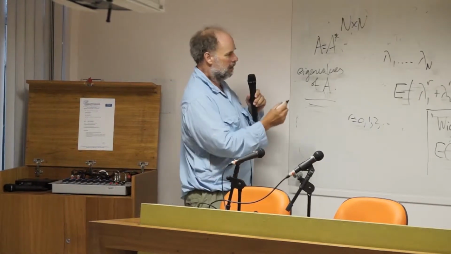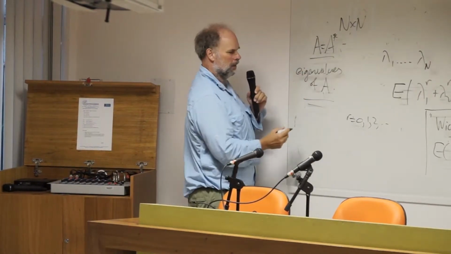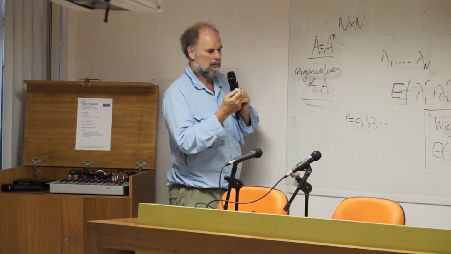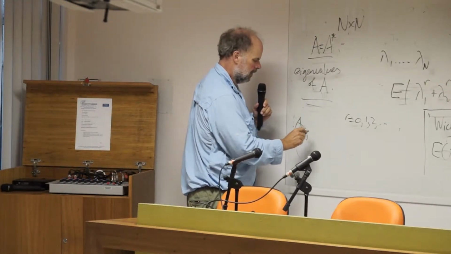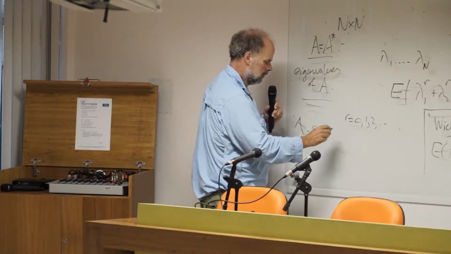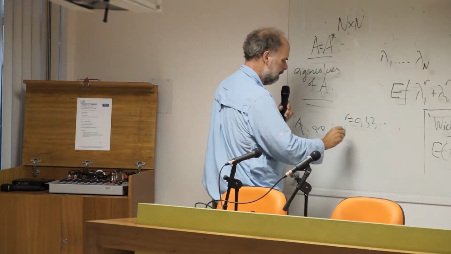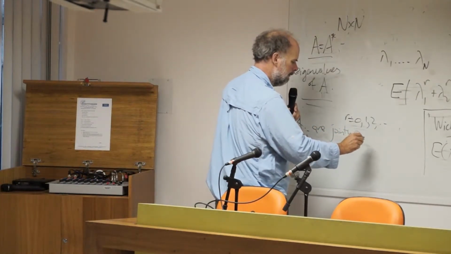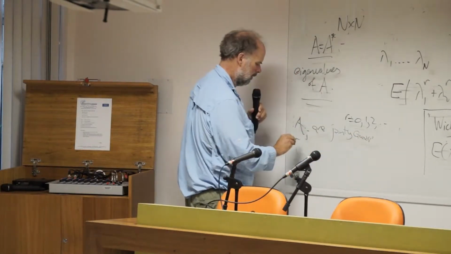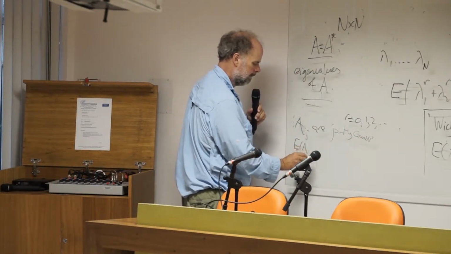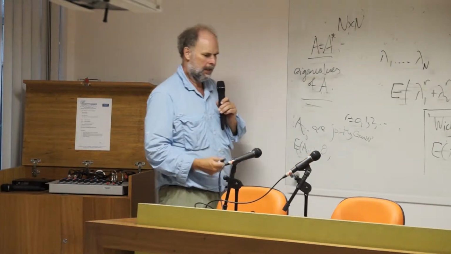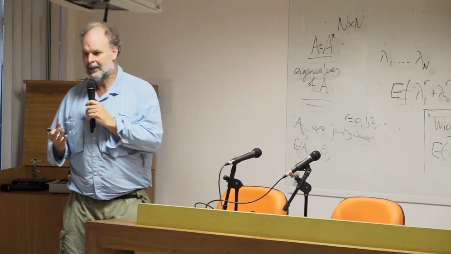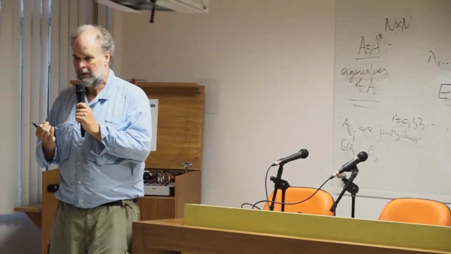And now I'm going to make the assumption that these are random matrices of a certain sort, that the A_ij are jointly Gaussian, that they're centered, that is, expected value equals 0, and that they are as independent as they can possibly be, given that it's a self-adjoint matrix.